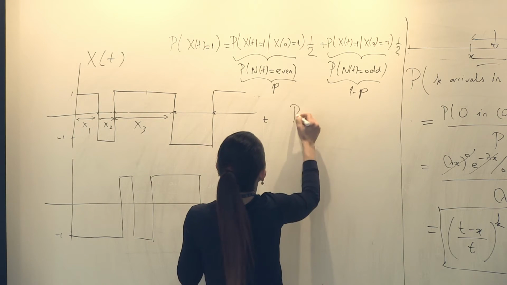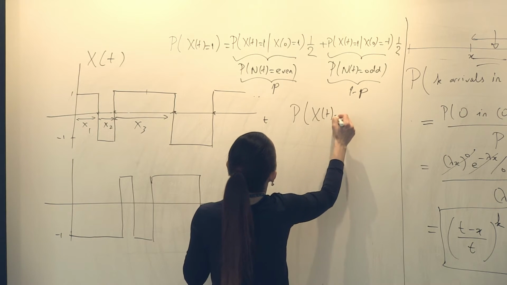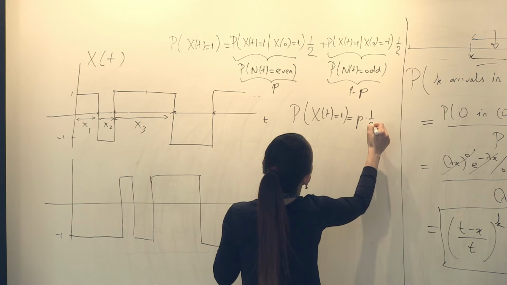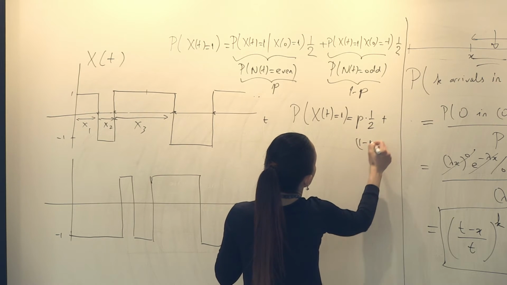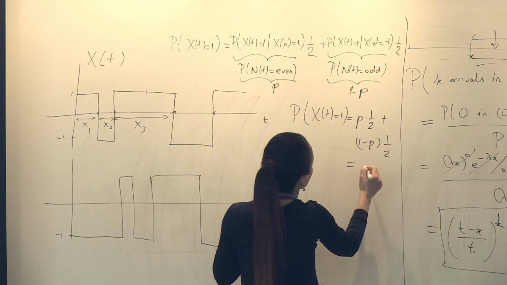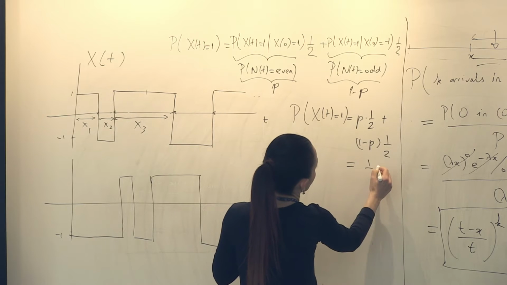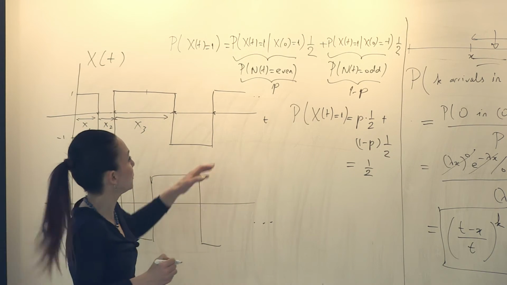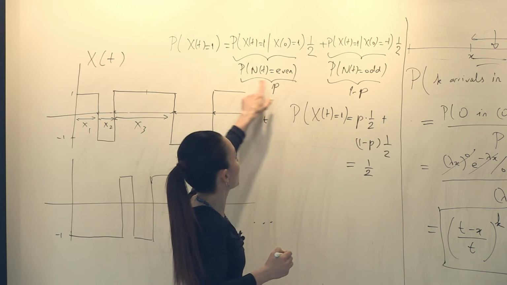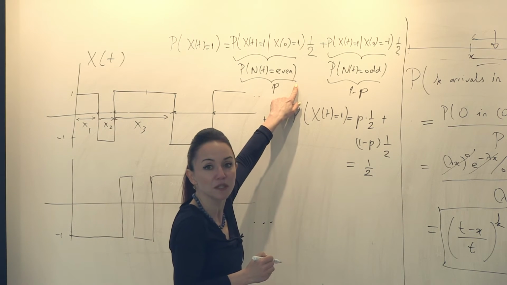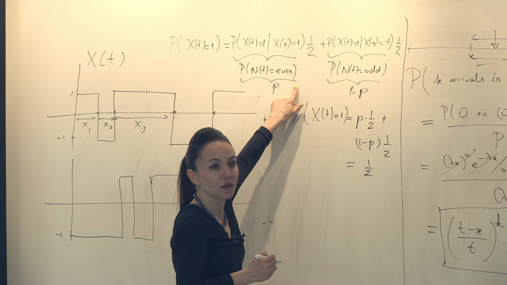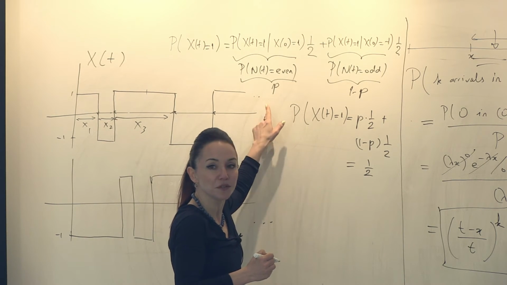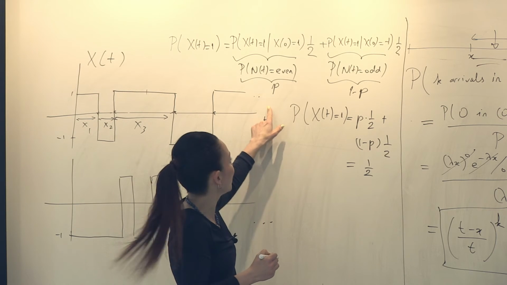So I have the probability that x of t is 1 being equal to p times a half plus 1 minus p times a half, and that is 1 over 2. Right? You don't even need to compute what the probability that n of t is even is. Thanks to Adam in the other section yesterday, he pointed this out.